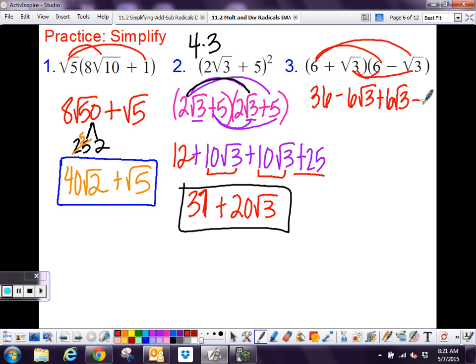Remember, a square root times itself is just that number underneath. So square root of 3 times square root of 3 is just 3. You can think about it as the square root of 9, but it saves time if you know that. So I have 36 minus 3 is 33. And I have a negative 6 square root of 3 plus 6 square root of 3. Those are going to cancel out. So my answer here is just 33.